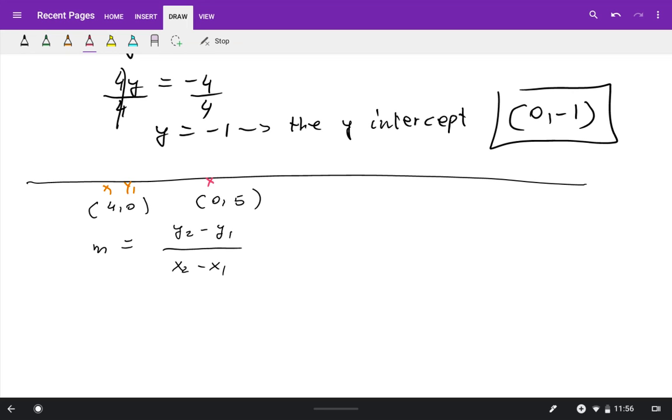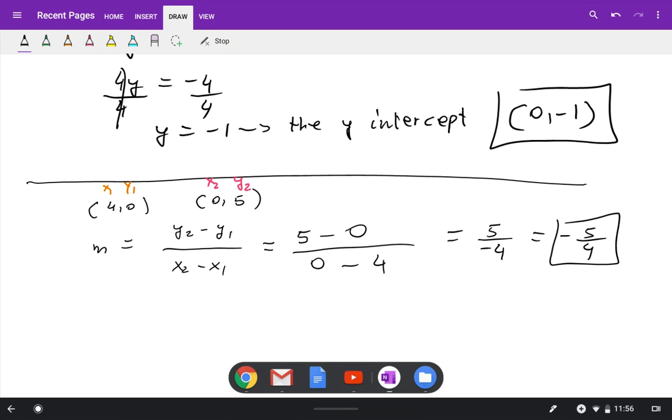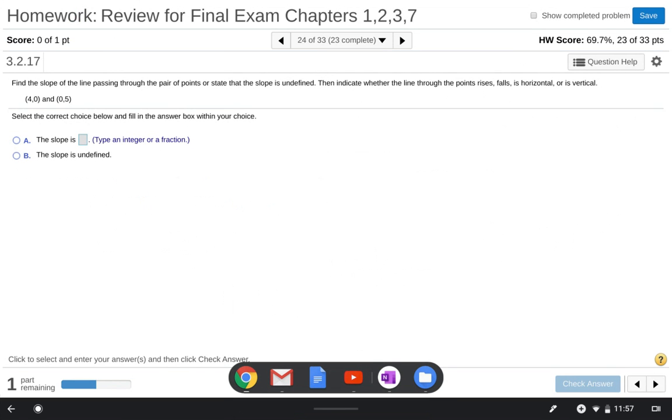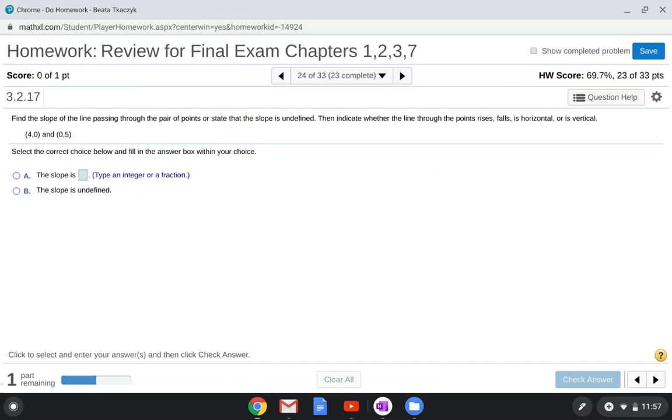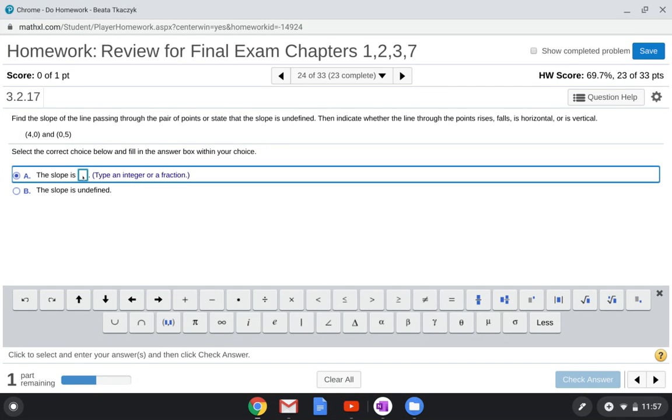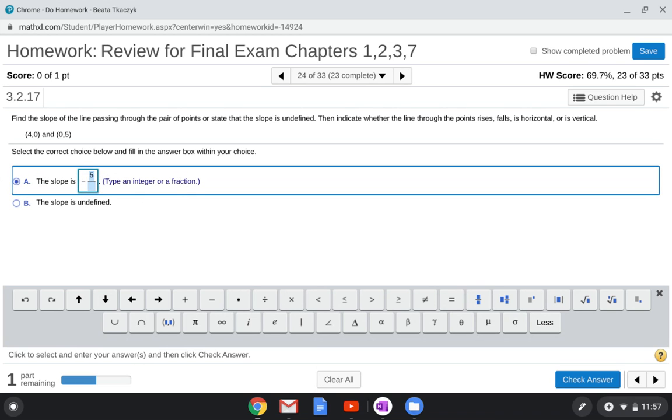The second point, label with x2, y2. And just plug into the equation. So we have y2, which is 5, minus y1, which is 0, over x2, which is 0, minus x1, which is 4. So we're getting 5 divided by negative 4, which is negative 5 over 4. That's the slope. So the slope is negative 5 over 4.